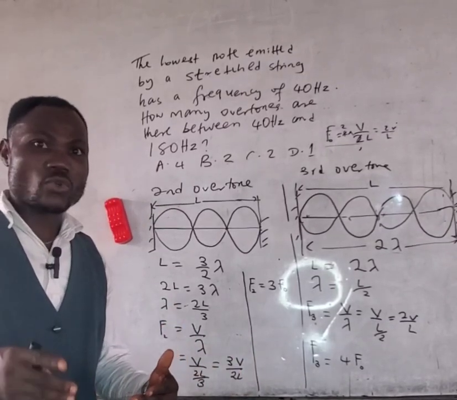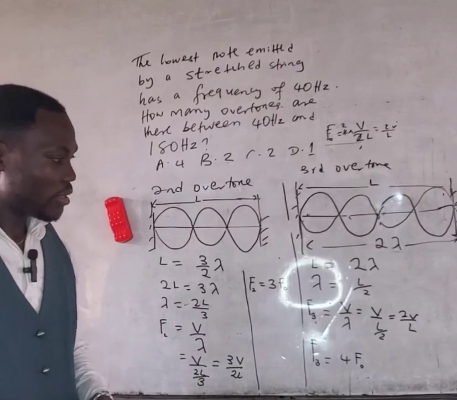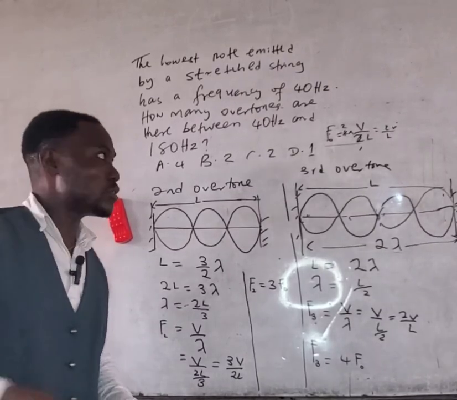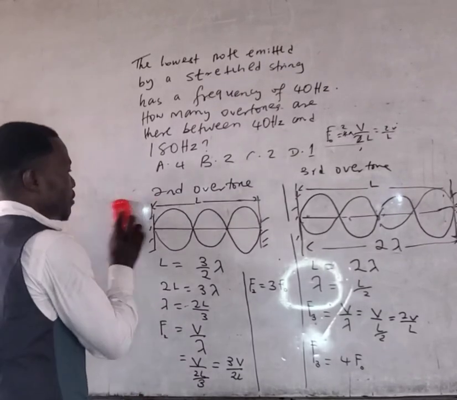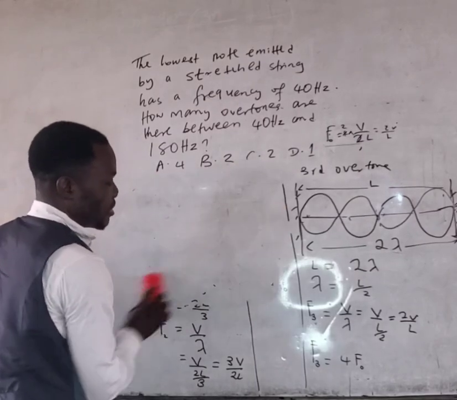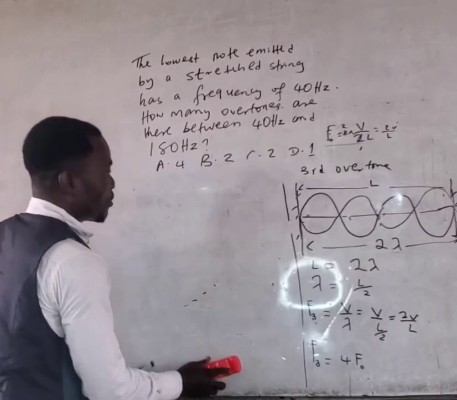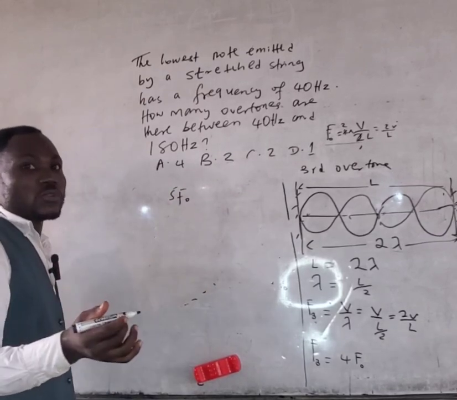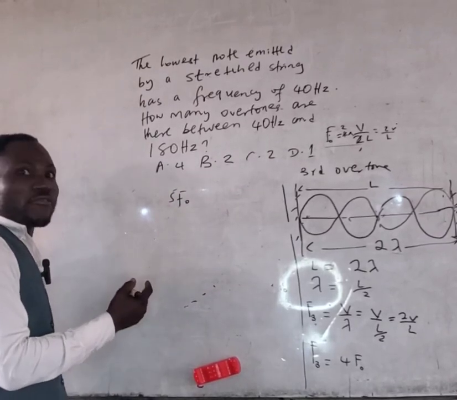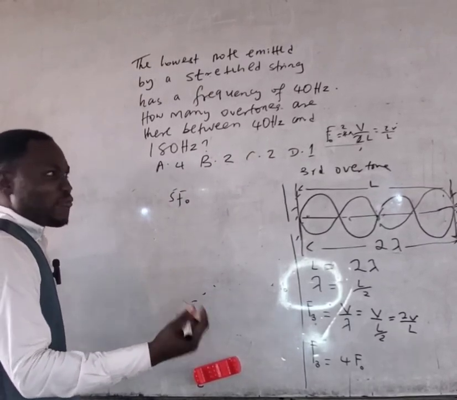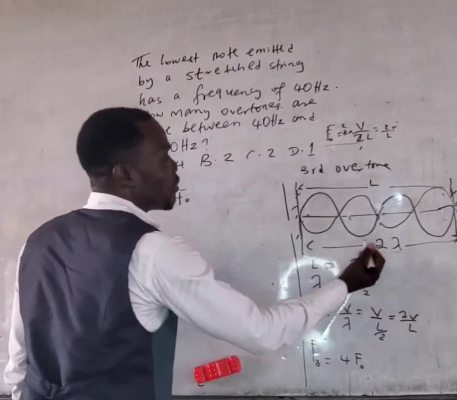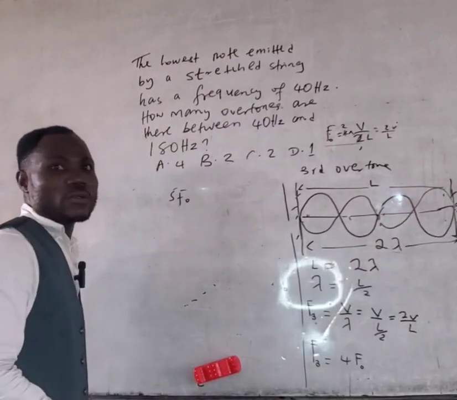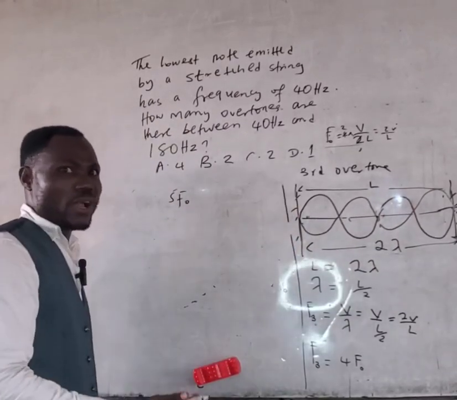That is how it is going. So if you are to get the frequency of the fourth overtone, you end up having what? 5FO. Please, you can try it out. It will give you 5FO. If you do the next one, 6FO. All you need to do is, for each one, add one more loop. For each one, add an extra loop, and nothing more.